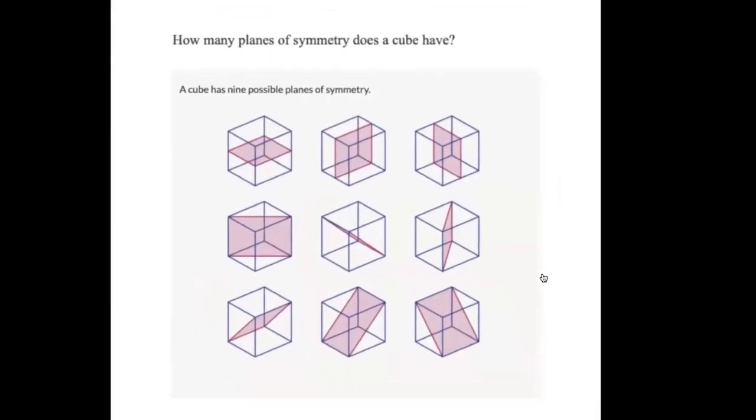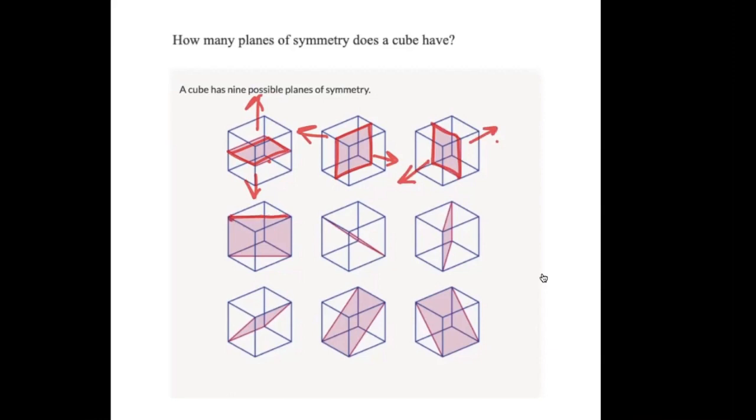Now, this is the cube, and you are going to notice that the cube has 9 planes of symmetry. The first one is this horizontal one, where the top and the bottom are separated. Over here, the front and the back are separated.